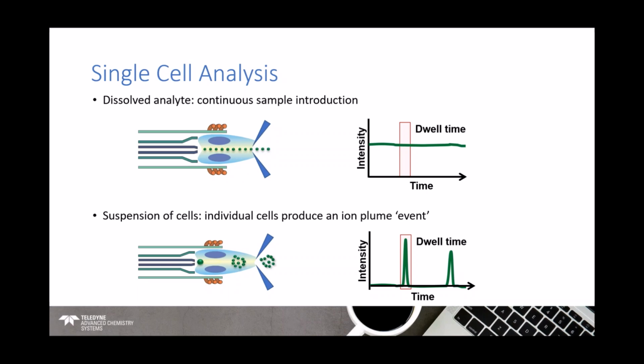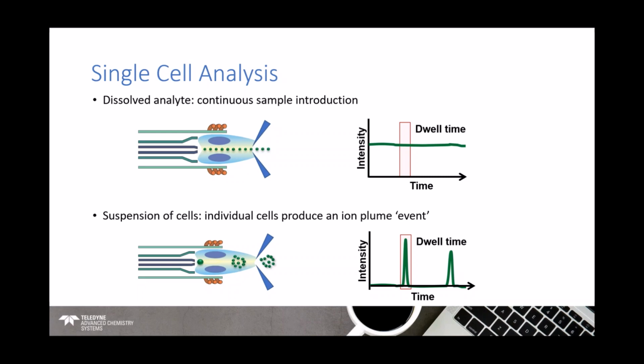Now, in something like cell analysis, we don't have that. In cell analysis, we're looking at probably a suspension of cells in a liquid sample, and those cells are introduced in the same way through a nebulizer and spray chamber to an ICP, typically with some sort of automation on the front end again.